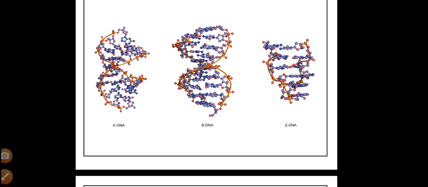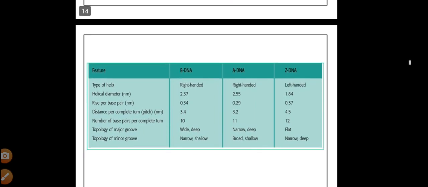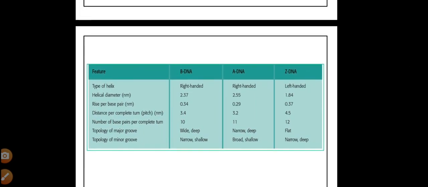Okay, so there are some comparable features between A DNA, B DNA, Z DNA. Let me show you. So these are some of the comparable features of B DNA with A and Z DNA. And moreover, let me explain something about Z DNA. In B DNA, the backbone is the phosphate and sugar backbone, which is outside of the DNA, and the bases are inside.